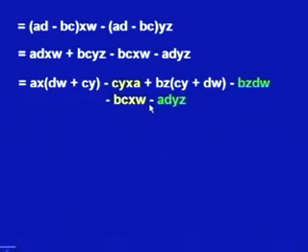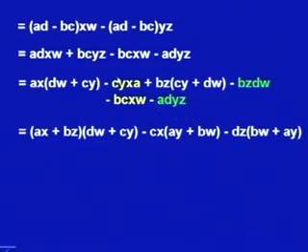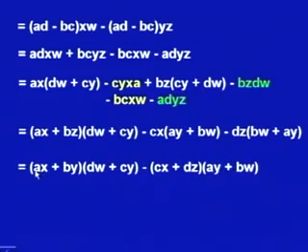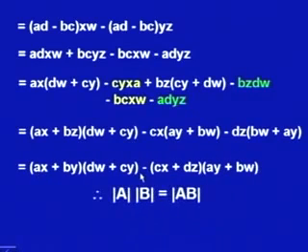Now, we can adjust these quantities and write AX plus BZ into DW plus CY minus CX plus DZ into AY plus BW, and that gives me the final result. So, determinant of product is equal to product of determinants.